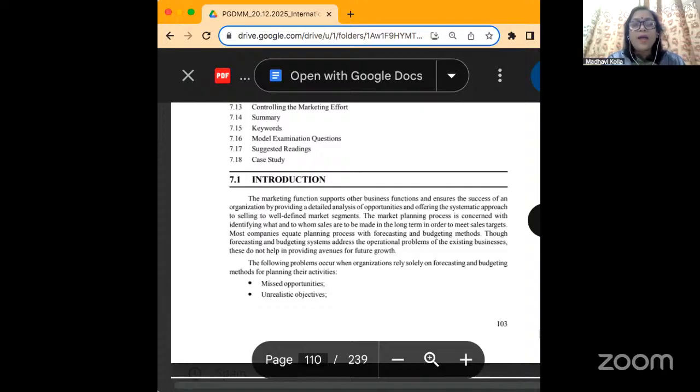So, marketing planning is very, very crucial as a process, and it consists of identifying what to do, and to whom to sell in the long term so as to meet sales targets. Most companies equate planning process with forecasting and budgeting methods.